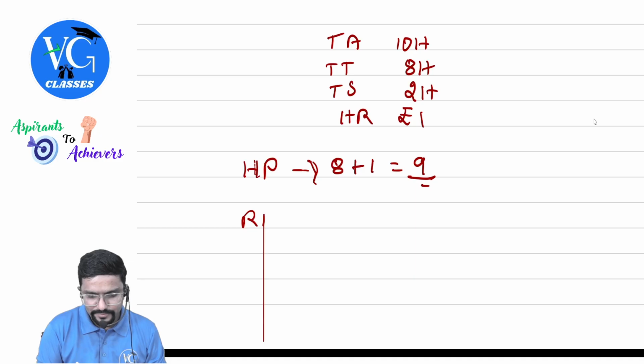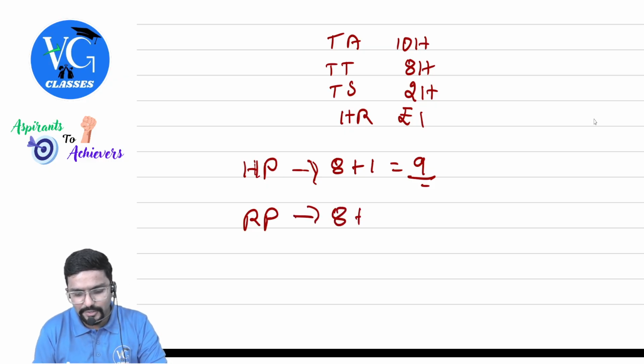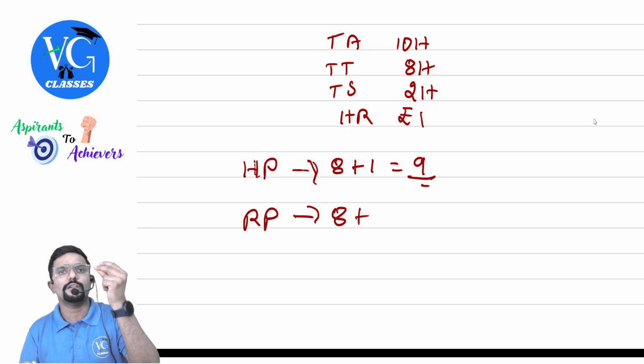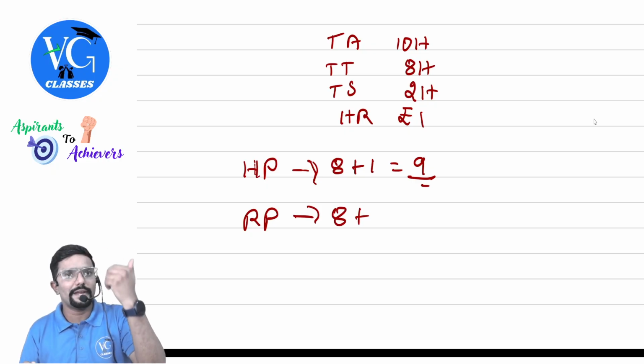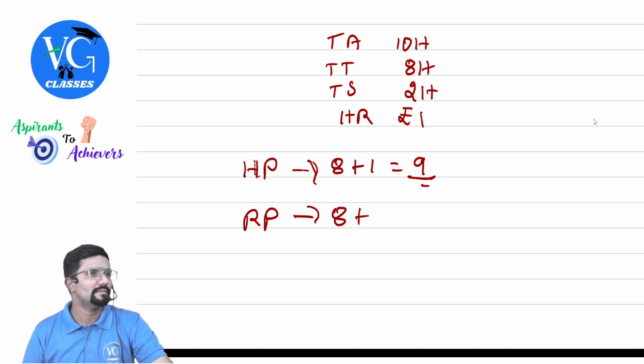Now, this is Halsey plan. Coming to Rowan plan. Sir, 8 will remain same. Coming to bonus. Guys, do it along with me. Time saved divided by time allowed, that is 2 by 10 into 8.